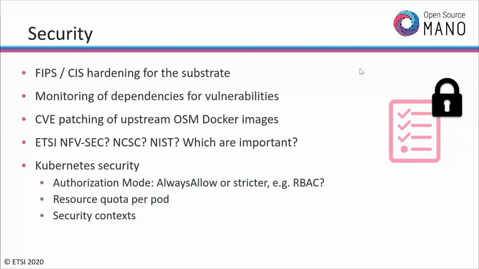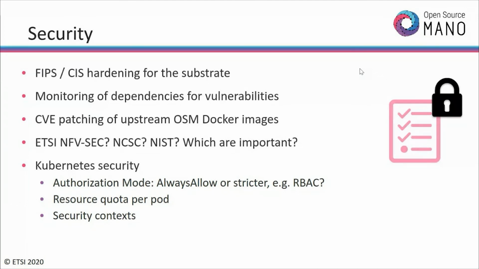That's right. So moving on to the next topic, it has again to do with CVE patching, but now we are speaking about CVE patching of the OSM Docker images. So how can we do that? Our take would be to have an automatic build process for the CVE patched images, and then store these images somewhere, like for example Docker Hub or any other hub that can store Docker images.